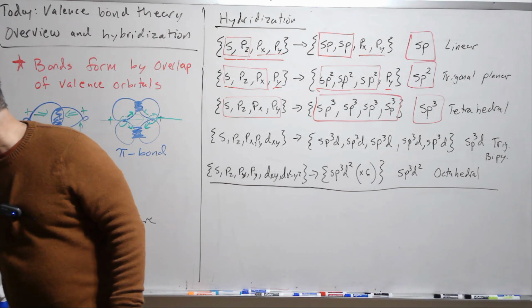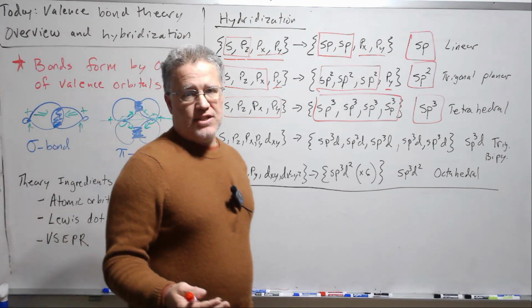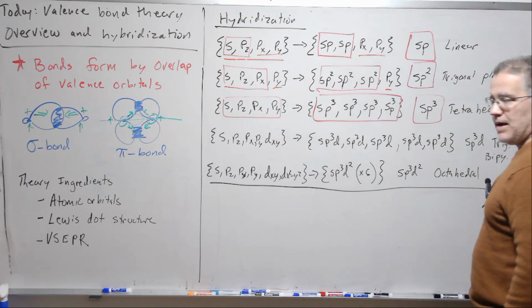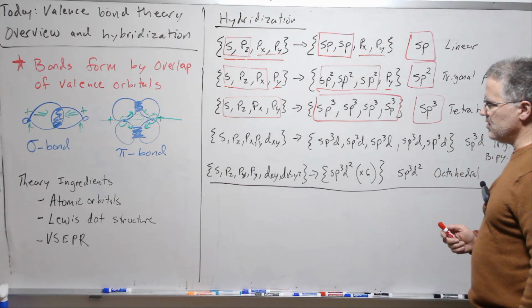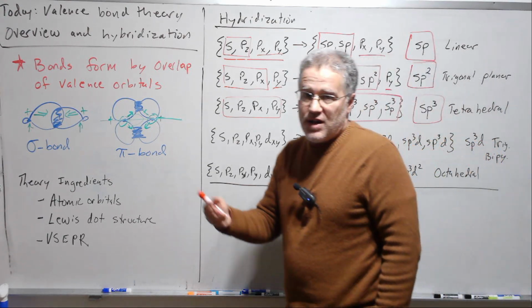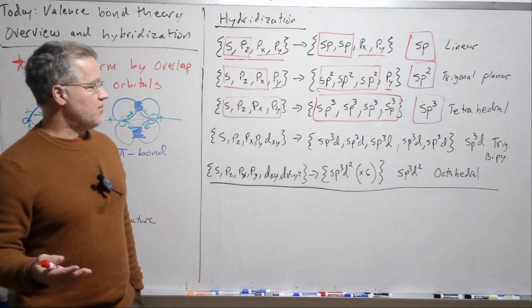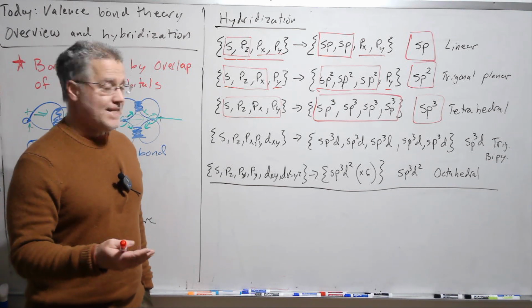All right, well, that will take us up through tetrahedral molecules, but we know we have trigonal bipyramidal and we have octahedral, and there we run out of p's. So in order to continue our hybridization scheme, we have to include d's.